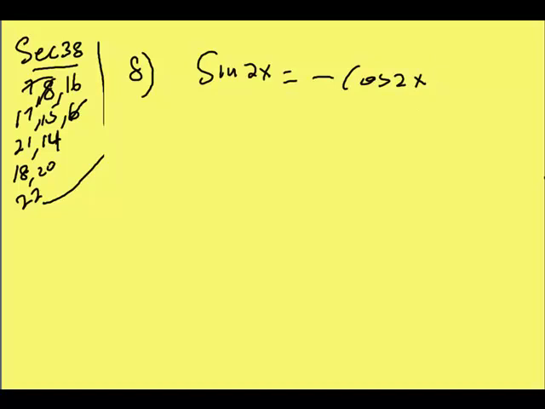I hope. The question they're asking is, where is sine equal to cosine? There are 4 places, or actually there's only 2 places where sine and cosine are equal to each other on a unit circle.